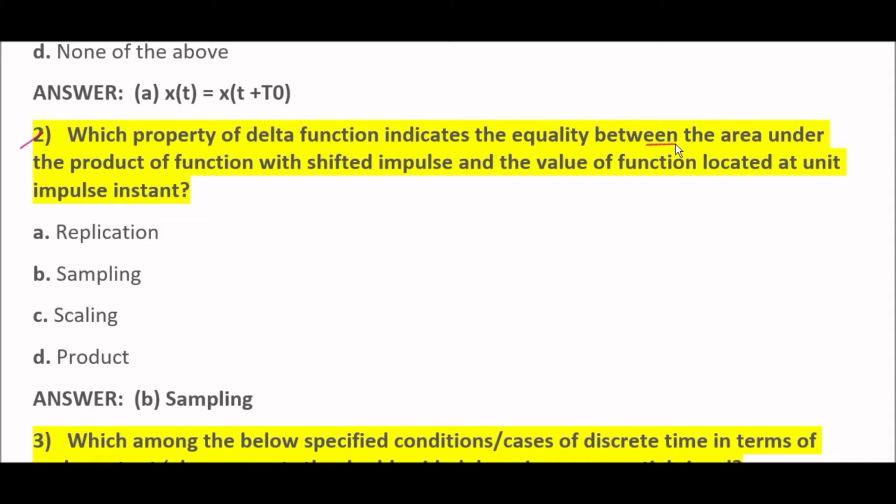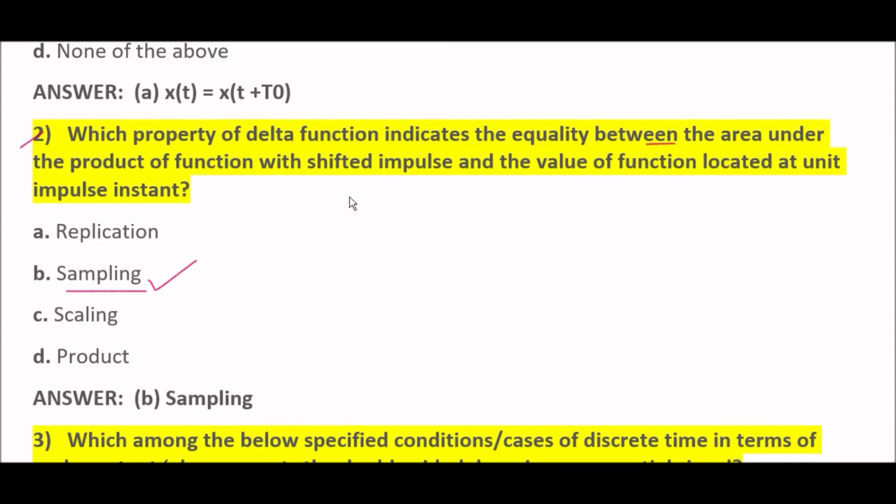Option C, scaling. Option D, product. Right answer here is option B, sampling property. Sampling property of delta function indicates the equality between the area under the product of functions with shifted impulse and the value of function located at unit impulse instant.